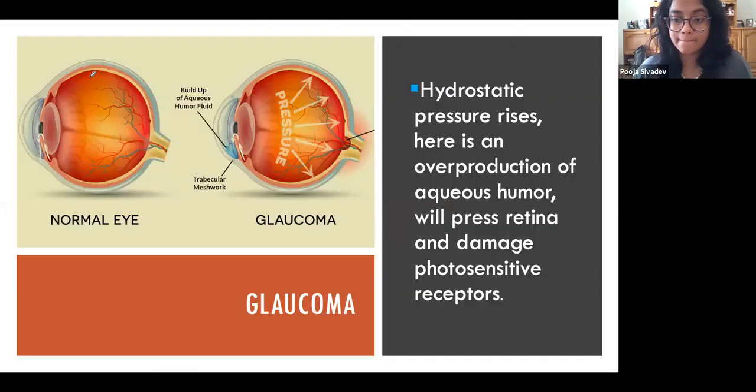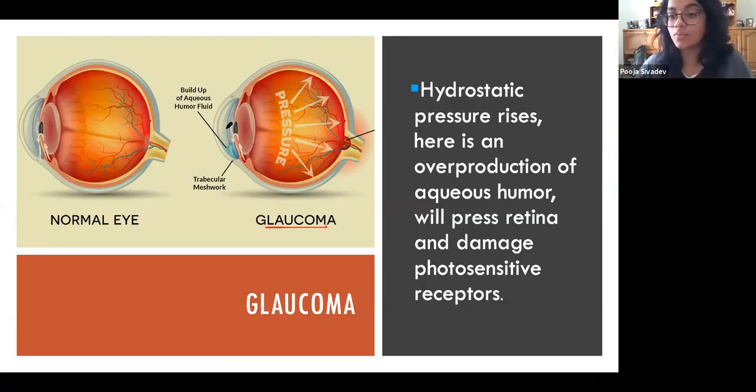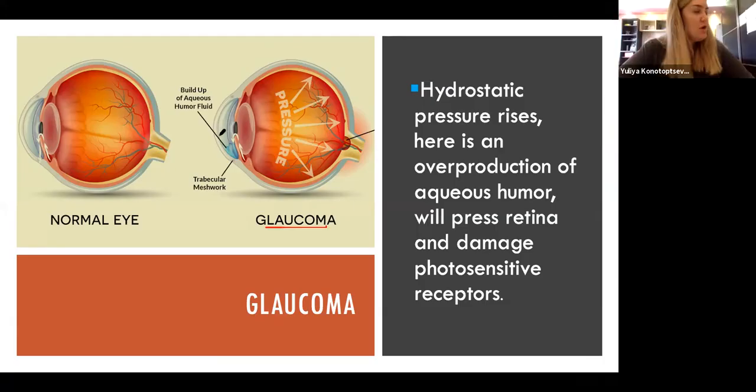Yes. There is something called glaucoma, and glaucoma is when you have buildup of the aqueous humor in the anterior chamber. As a result, it pushes all the tissues to the back.